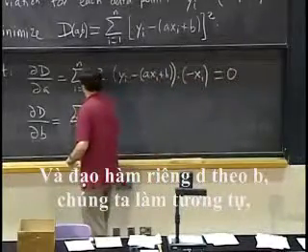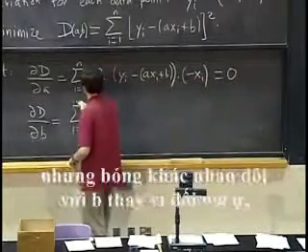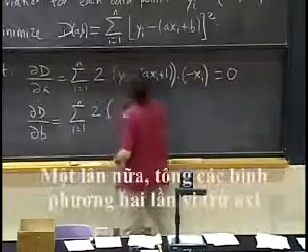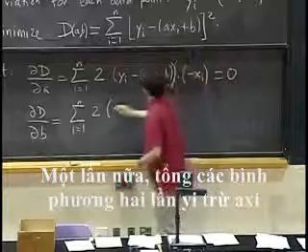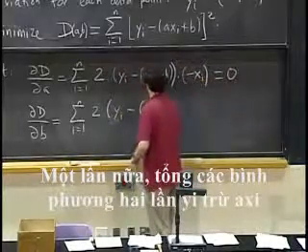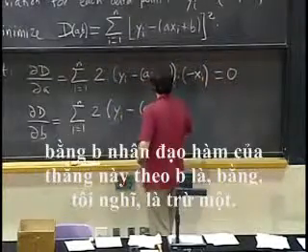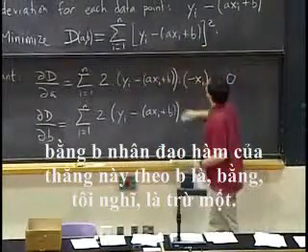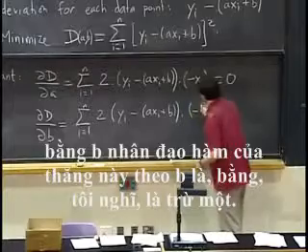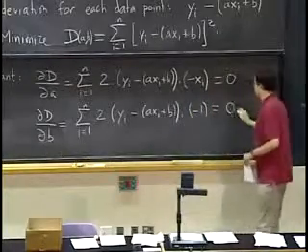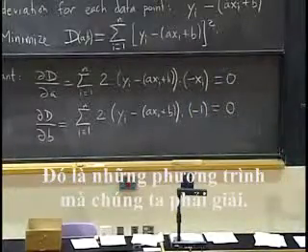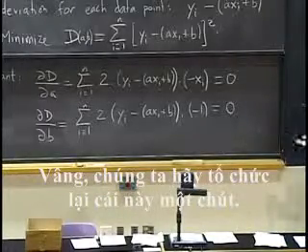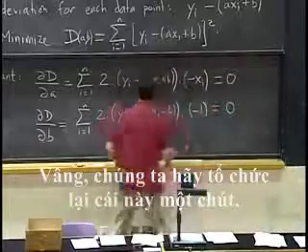And for partial d over partial b, we do the same thing, but differentiating with respect to b instead of a. So again, sum of squares, twice yi minus axi plus b, times the derivative of this with respect to b, which is, I think, negative 1. Okay? So those are the equations we have to solve. Let's reorganize this a little bit.